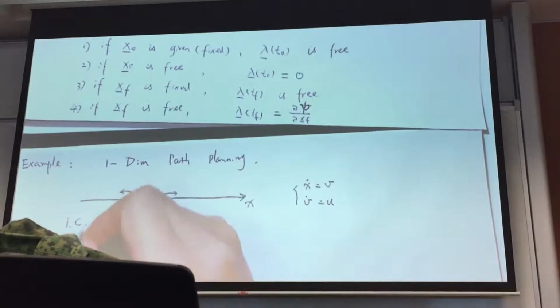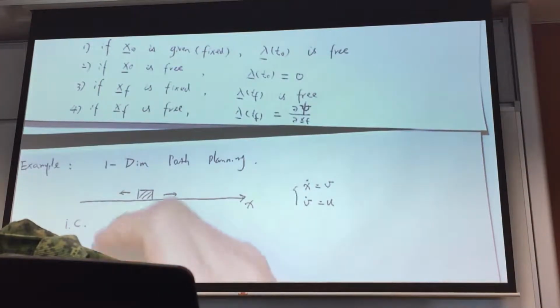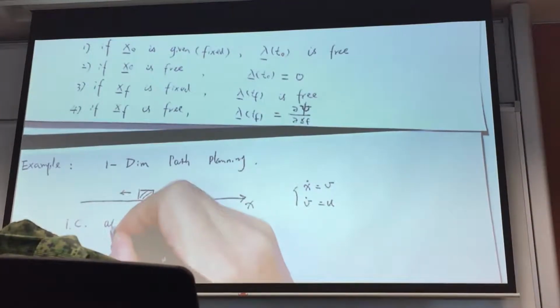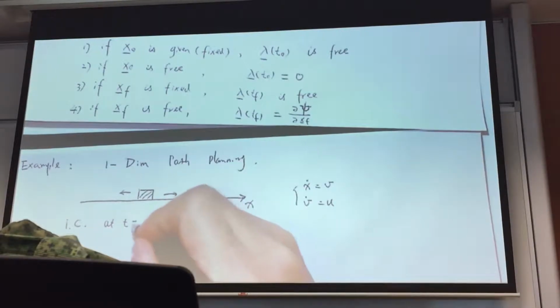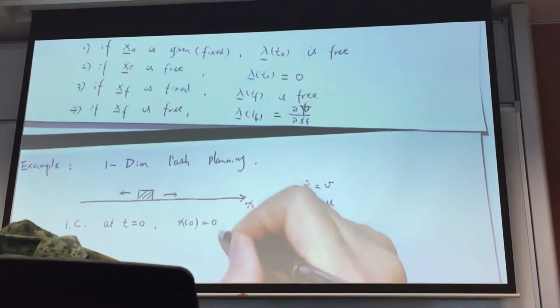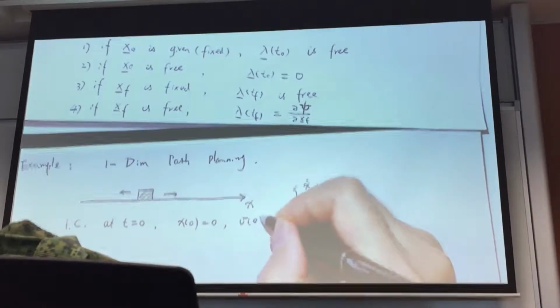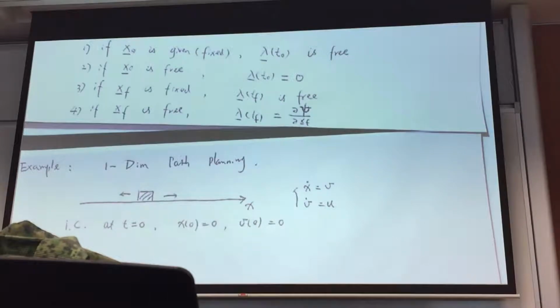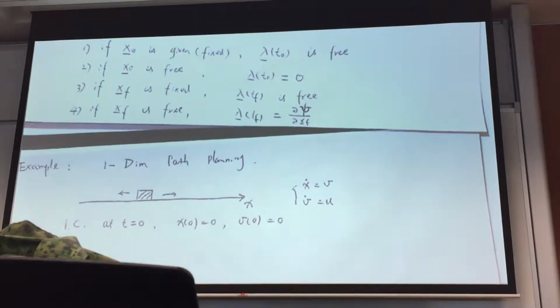So the initial condition, remember we said at t equal to 0, we have the initial location to be 0 and the initial velocity to be 0. It's the initial situation of your robot.